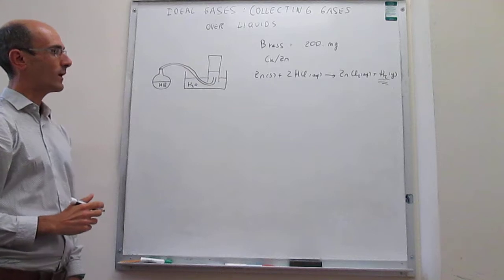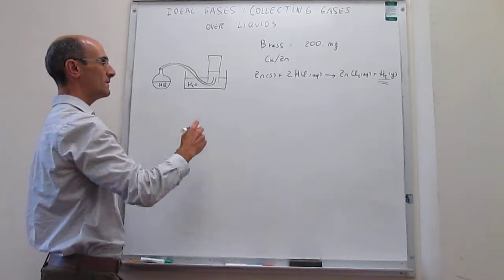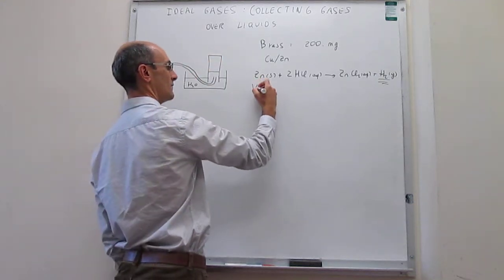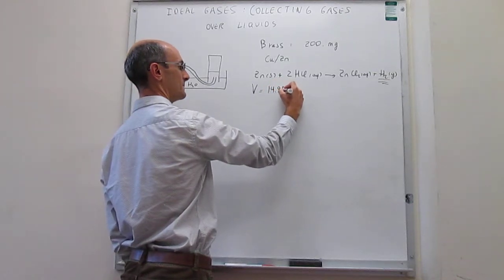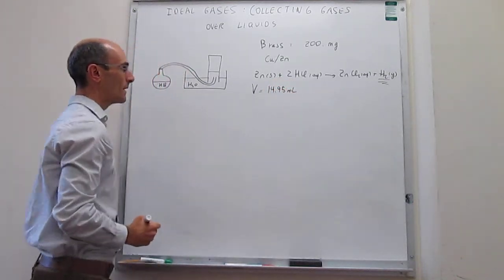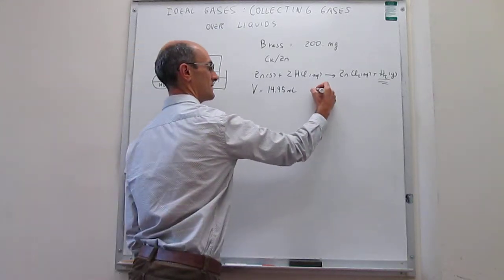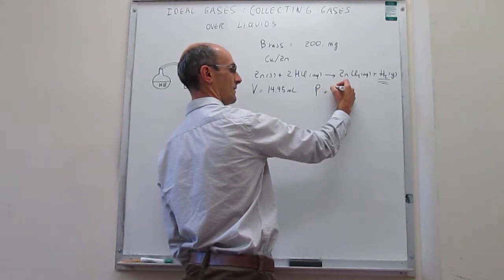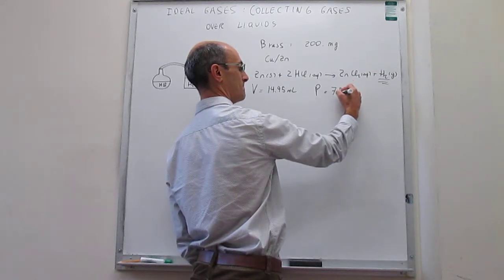All right, so we have some data in the problem. What we have from the statement is that the volume of the hydrogen gas collected is equal to 14.95 mL. The pressure at which that gas is happens to be equal to 752 torr.